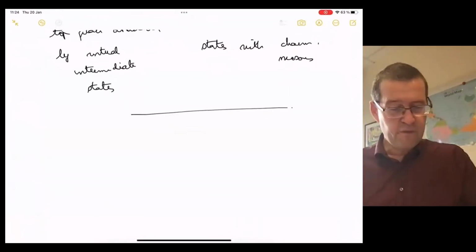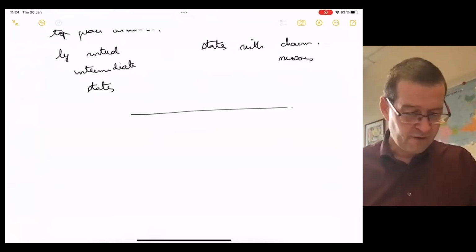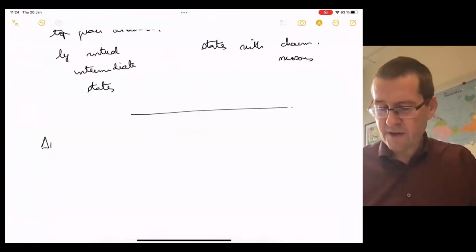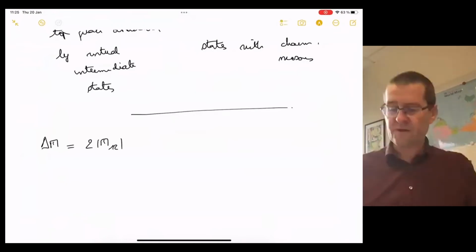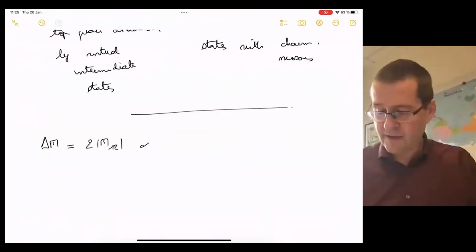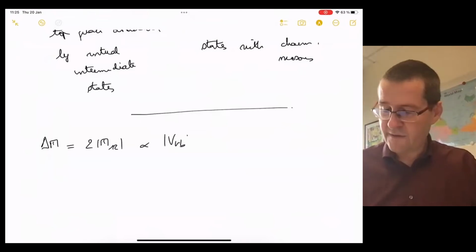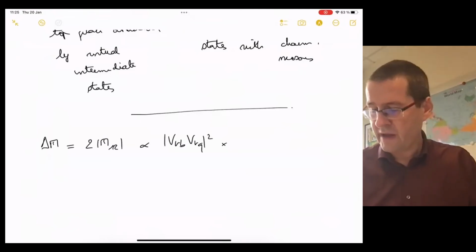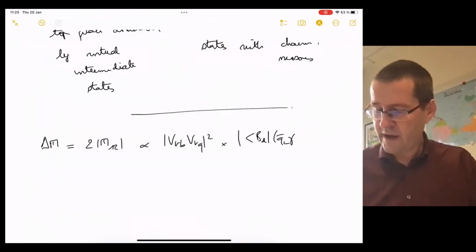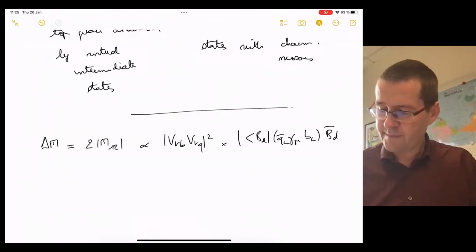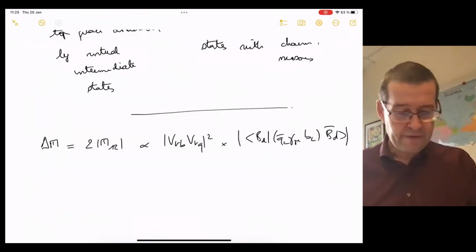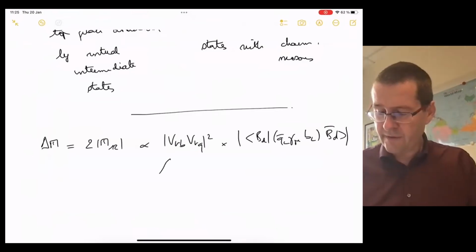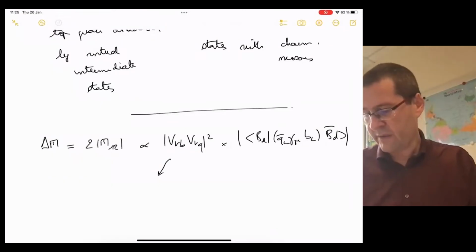So just one thing, maybe, to make the point home: the fact that delta M, which is related actually to 2M12, is exactly the box diagram that we looked at before. So it's really a way of getting information on the value of these matrix elements.